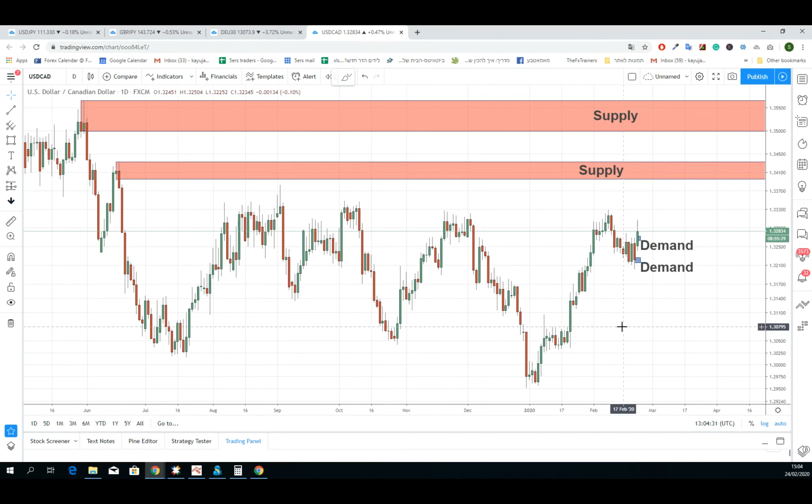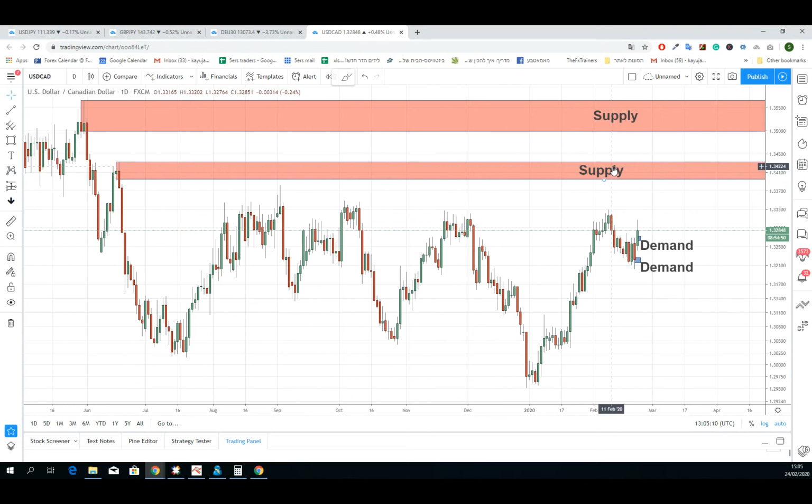On the daily chart, we can see that the price is bullish, and the price most likely tends to reach at least the supply here above, which already tested one time here, and a second time just tested this level. What I'm trying to say is that all this area just a bit above the price now is kind of a resistance level, and the next fresh available supply is just here above.